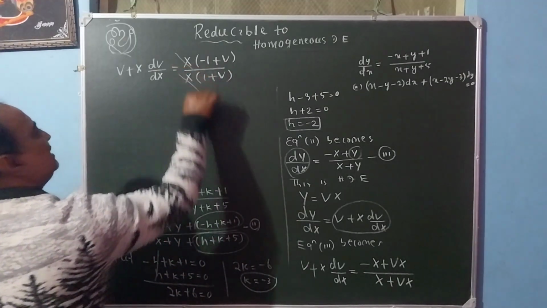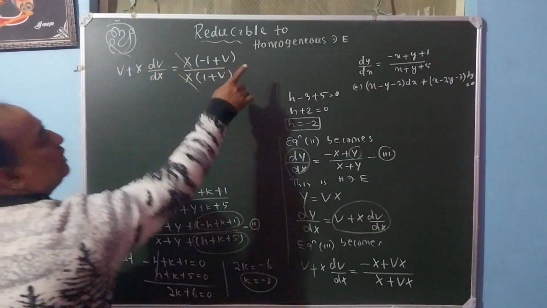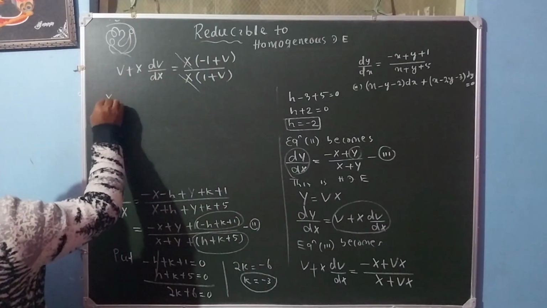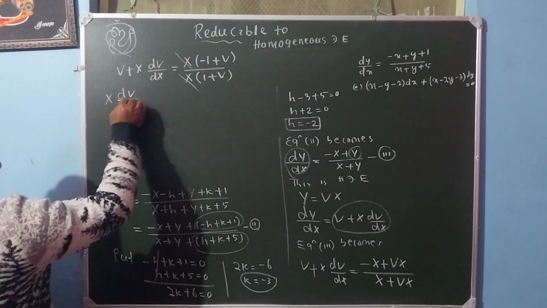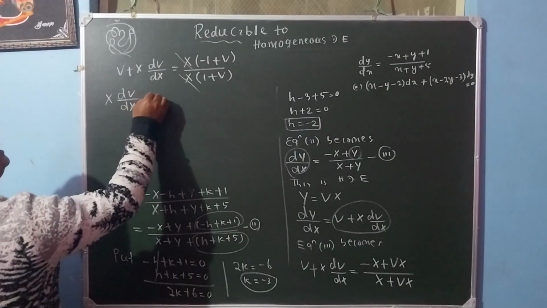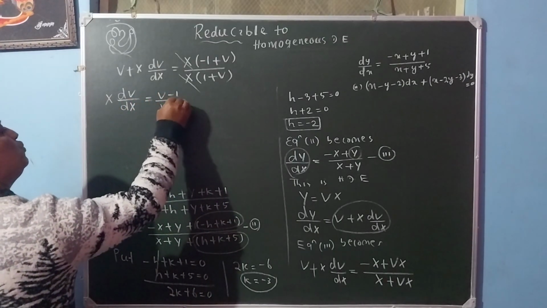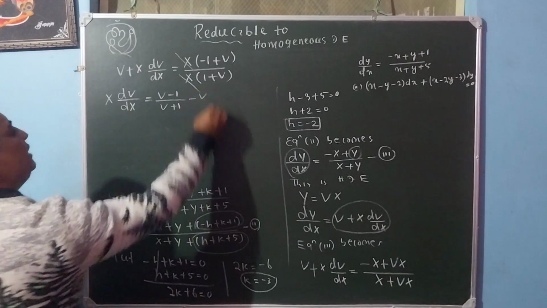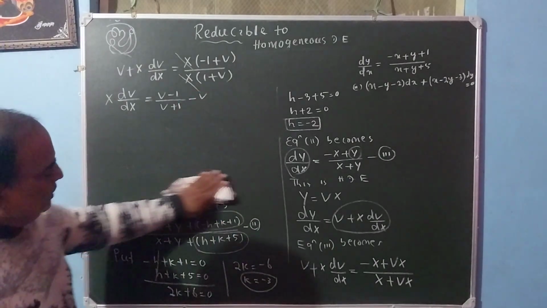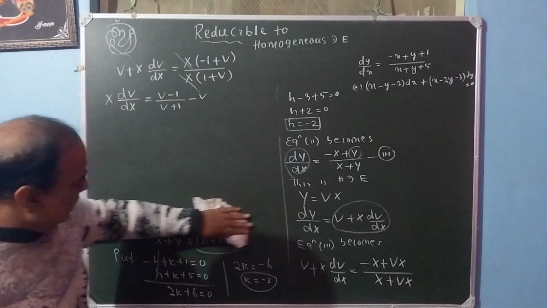So x cancels, and this v will go to that side: x dv by dx is equal to (v minus 1) by (v plus 1) minus v.